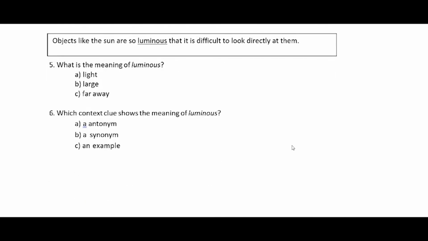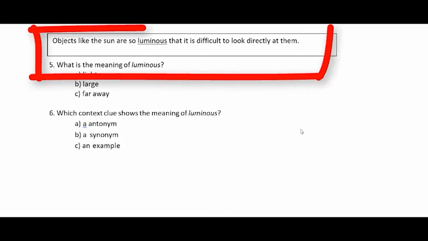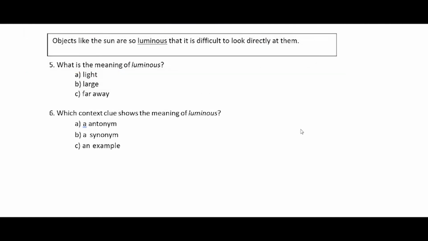Let's look at the last one then. Objects like the sun are so luminous that it is difficult to look directly at them. Okay, I don't understand what luminous means. What could this word mean? So let's have a look at the context clue there.